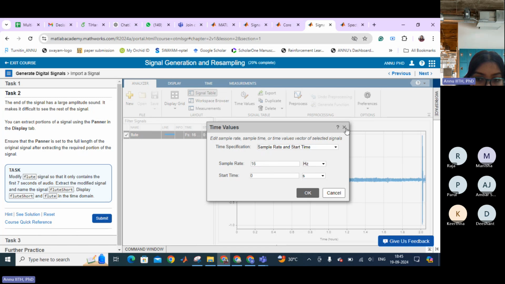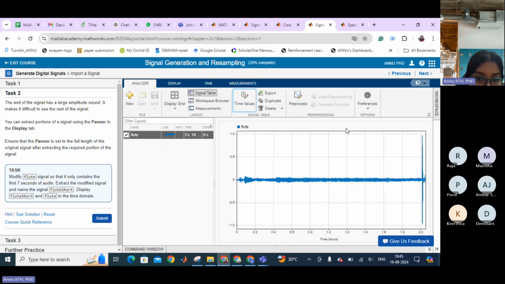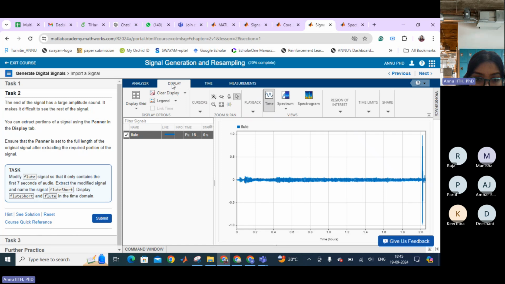So here we don't have any option to put the end time, but you can extract the portions using the panel in the display tab. The panel, I couldn't see this here. Display tab. Panel.